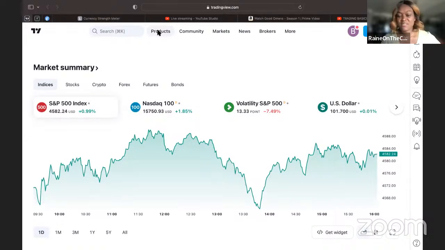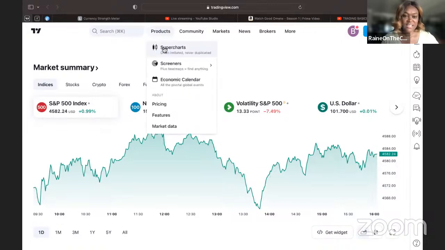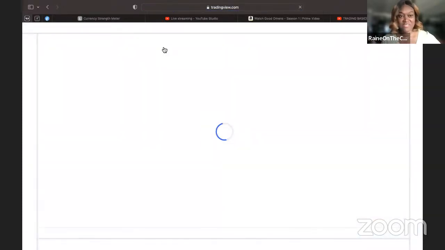So that was, I had set a notification on GBP AUD, and my computer, I restarted the computer before the live. So that notification had already triggered, but it went off again.